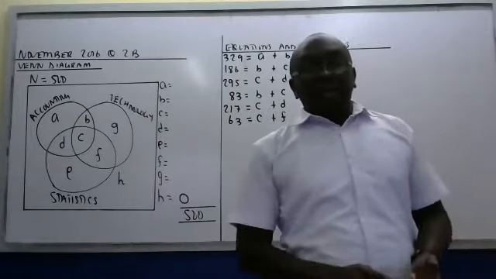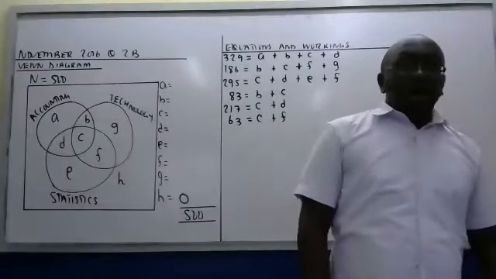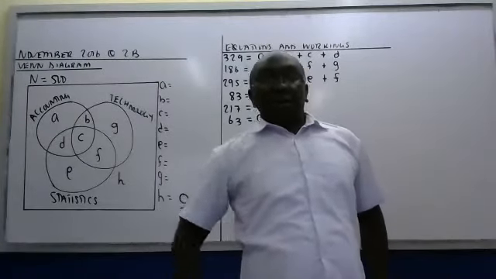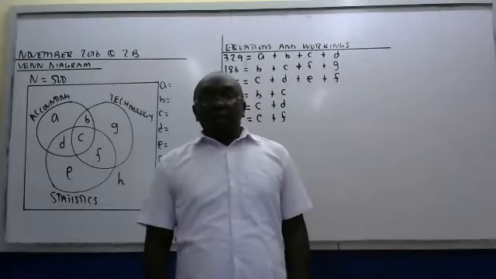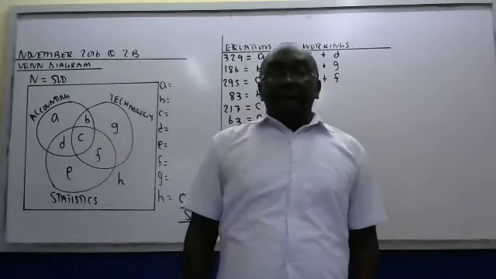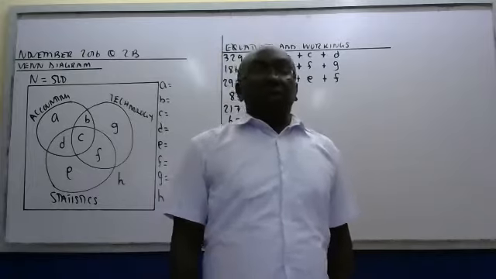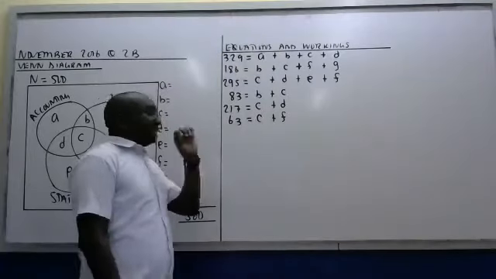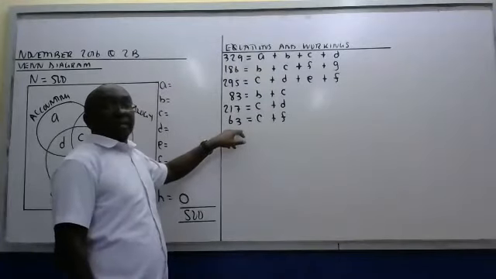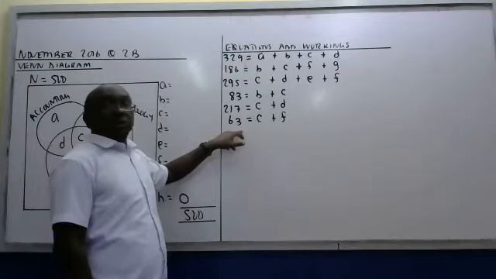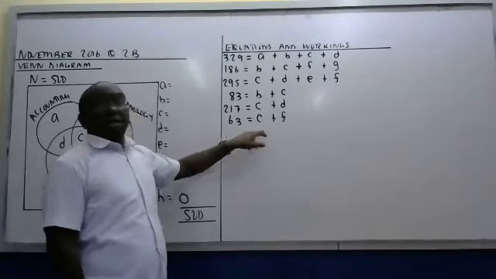So I told you yesterday that once you have formed the equations, if you're not able to get a single one, what you do is bring the whole equation.